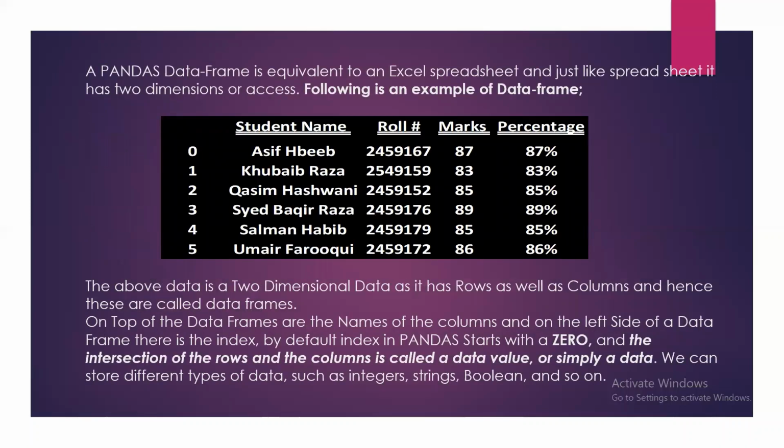So these are some examples of data frames in Pandas. Here is a picture of a data frame which contains the list of students with their roll numbers, marks and percentage. It is a tabular form of data, or a matrix which shows names in columns and relevant data in rows.